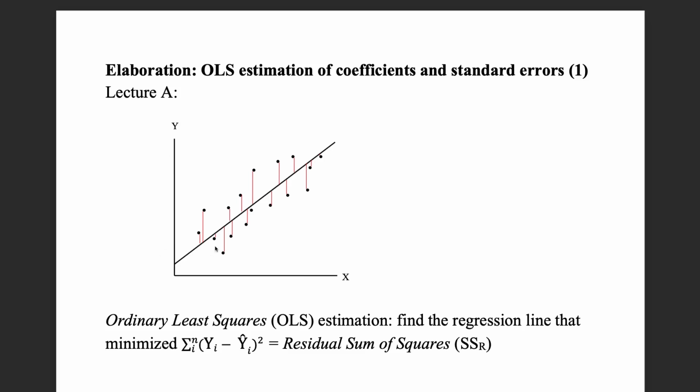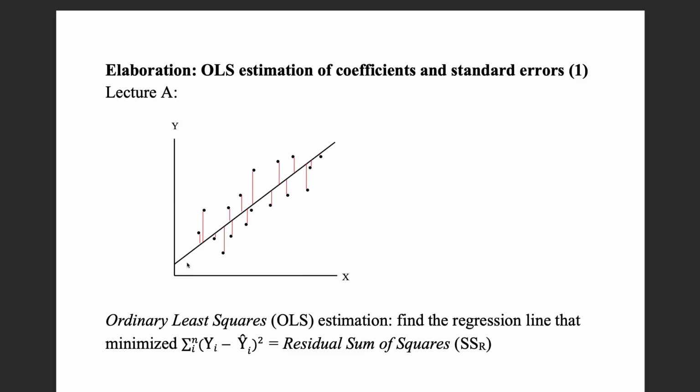The slope of the line, so how fast does it go up on the y scale if we go 1 step to the right on the x scale, and where it intersects with the y scale. So the B1 coefficient, the regression coefficient for our independent variable x, tells us the slope, how steep is this line, is it positive or negative, and the constant or intercept, the B0 coefficient, tells us where this regression line meets with the y-axis. So this is the point where x, our independent variable, takes the value of 0.